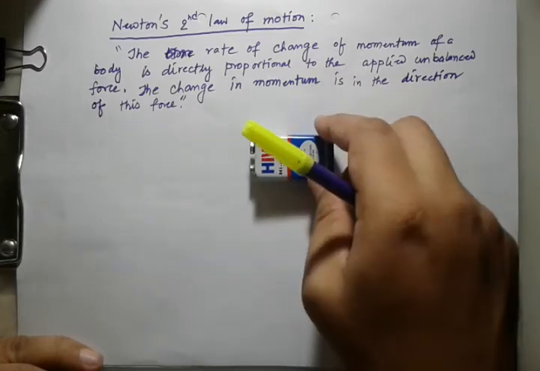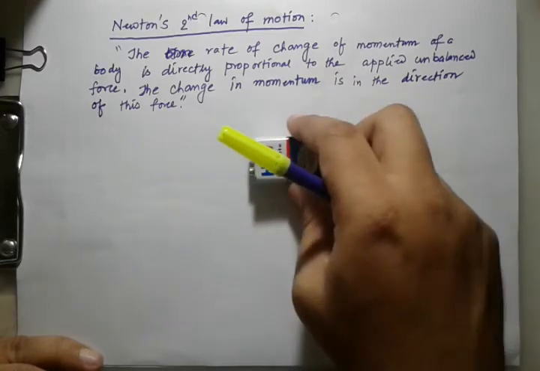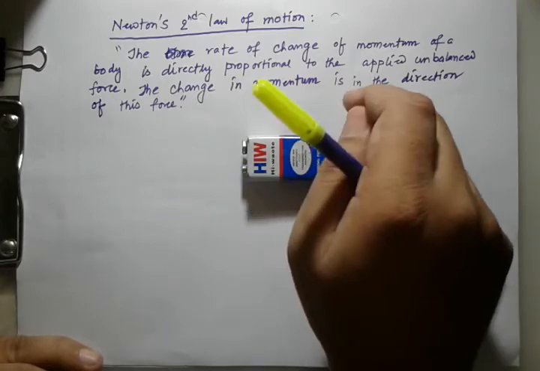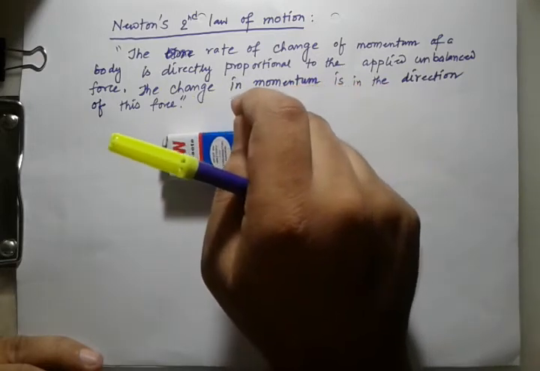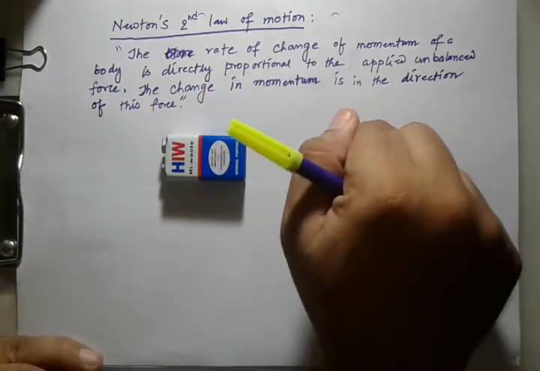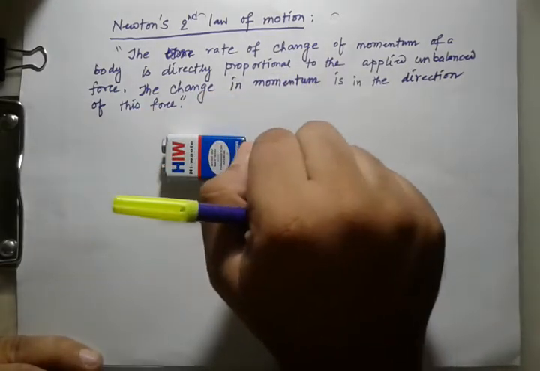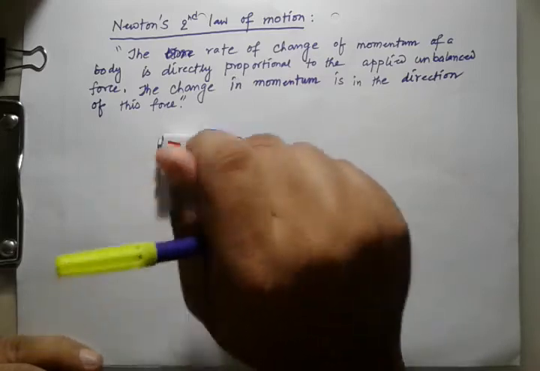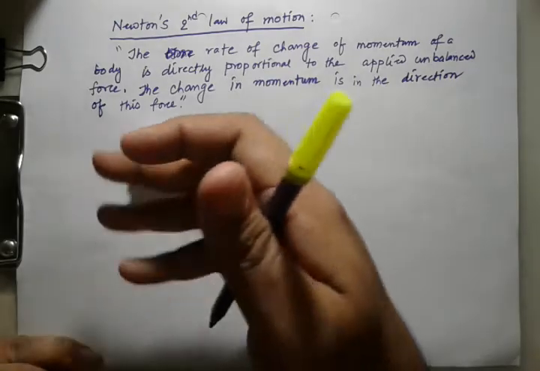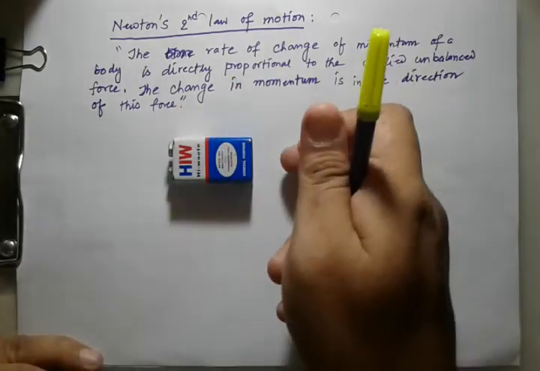When the object is moving in this direction, what was the initial momentum? The initial momentum was 0. When the object starts moving, the momentum will change. The initial momentum is 0 and the final momentum is when the object has velocity in this direction. So the change in momentum is occurring in the same direction where we applied something.